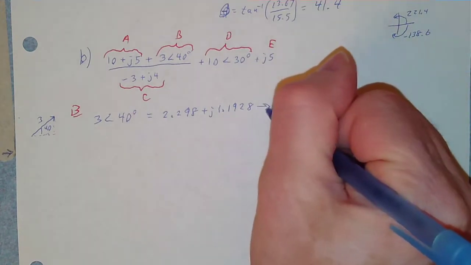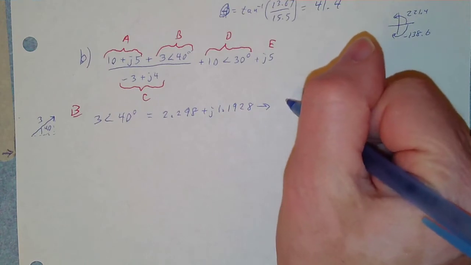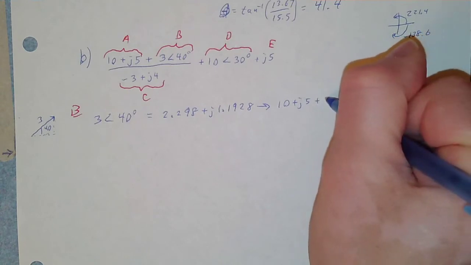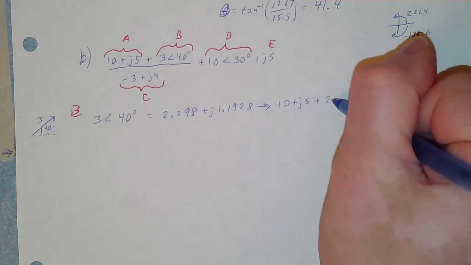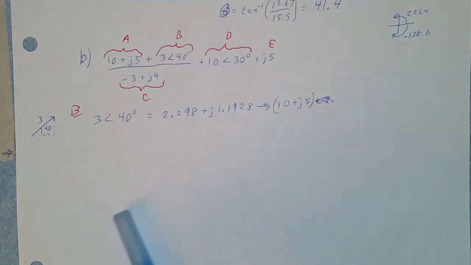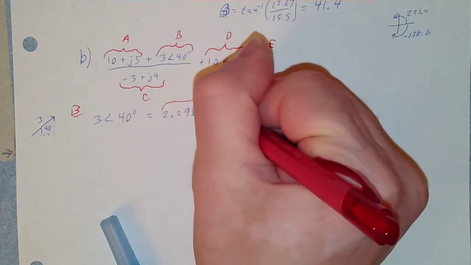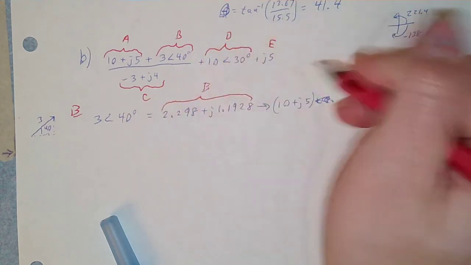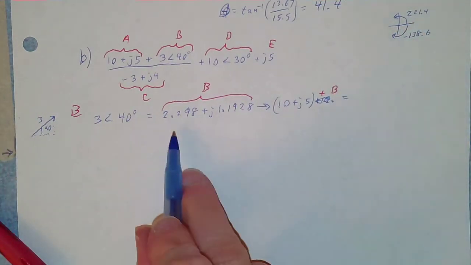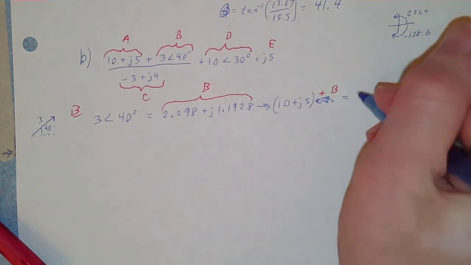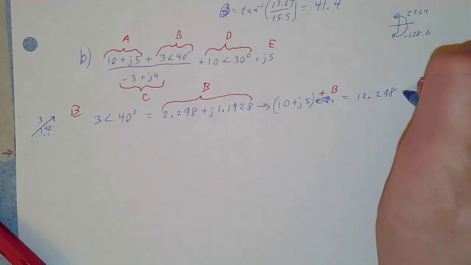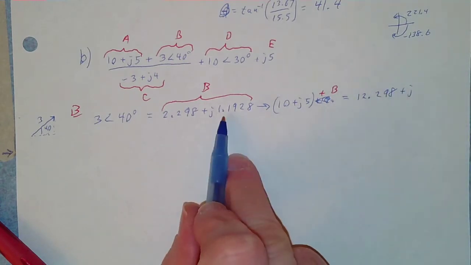And then I'm going to take this over here and add it to the 10 plus j5. So this is B, do A plus B, equals, so now I've got 2.298 plus 10, I've got 12.298, then I've got a plus j6.928.